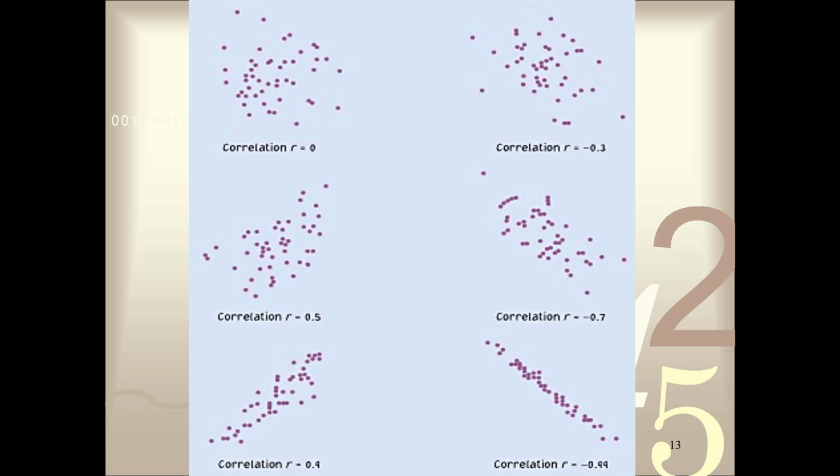If the dots are scattered all over the place, that's basically showing a zero correlation. -0.3, you can kind of see the dots sort of tend downward for a negative correlation, but they're pretty weak, spread apart, so it's just -0.3. It's not very close to -1. Correlation of 0.5, kind of in between. -0.7, you see pretty tight in terms of the dots being close to each other and negative sloping.